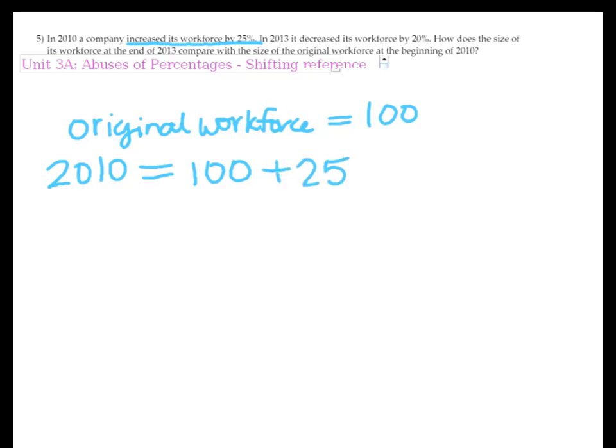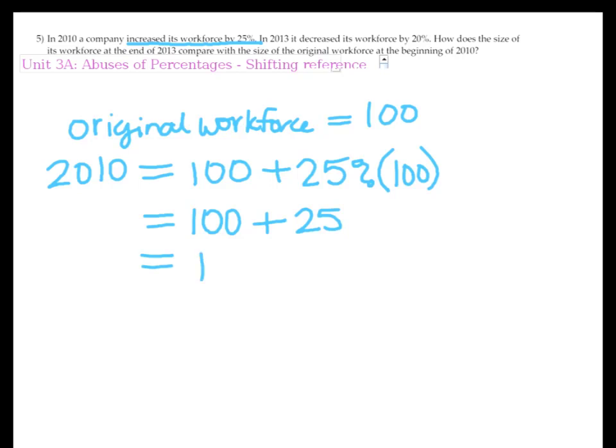So we can add 25%, and we multiply this by 100. So we have 100 plus 25% of 100, right? So that's 100 plus 25, and we get a sum of 125 workers. Okay, so that is the number of workers in 2010.